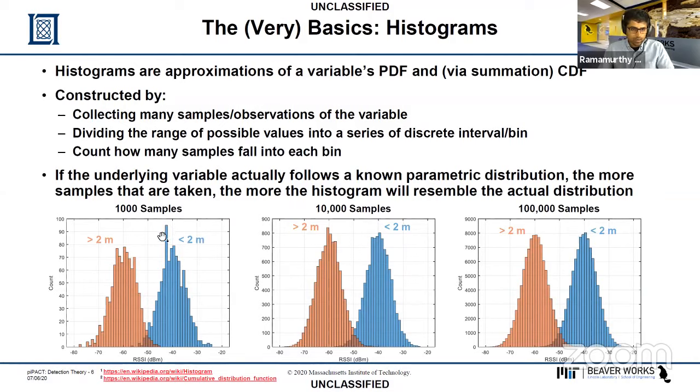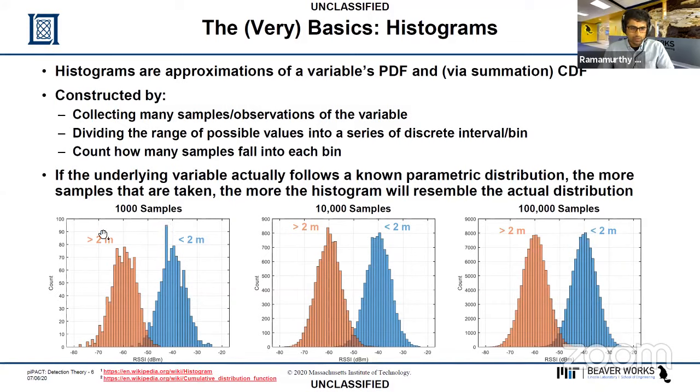This means that of the 1,000 samples I took, a little over maybe 95 fell between -37 and -36. Sorry, you're right, -43, my bad, I'm looking at it backwards. So minus 43, minus 44, and likewise for all the other bins.